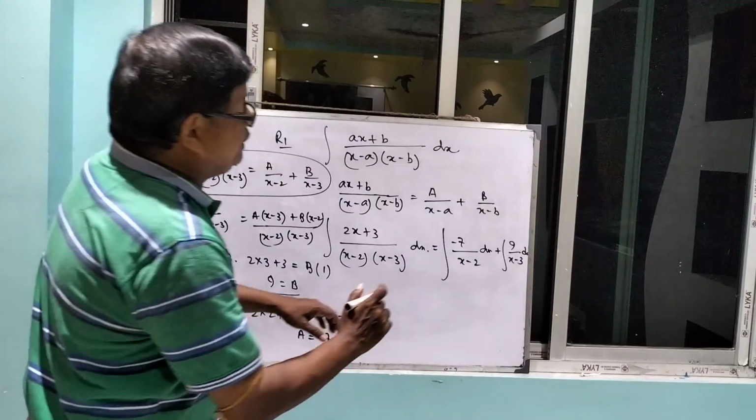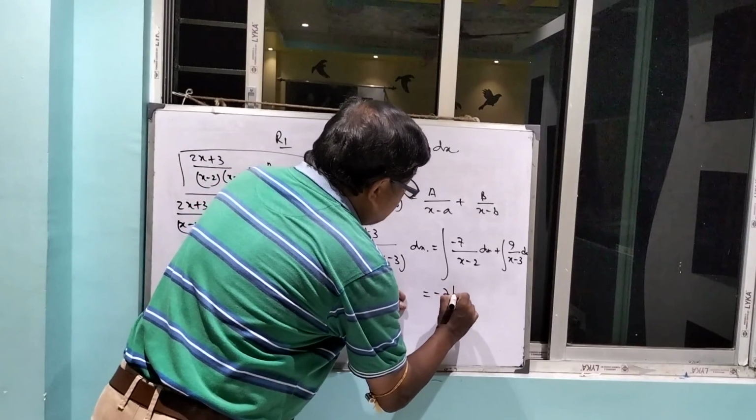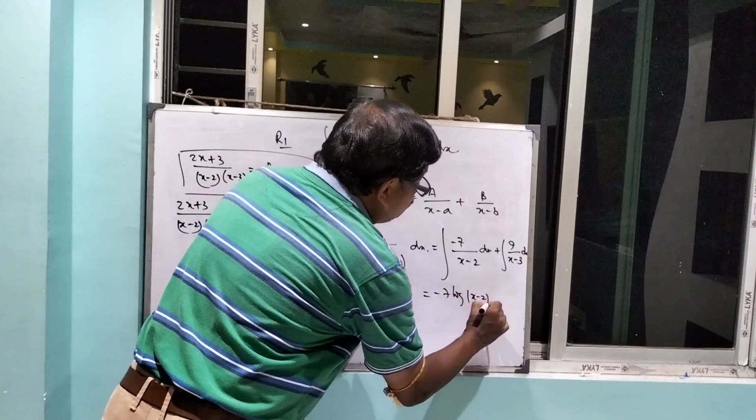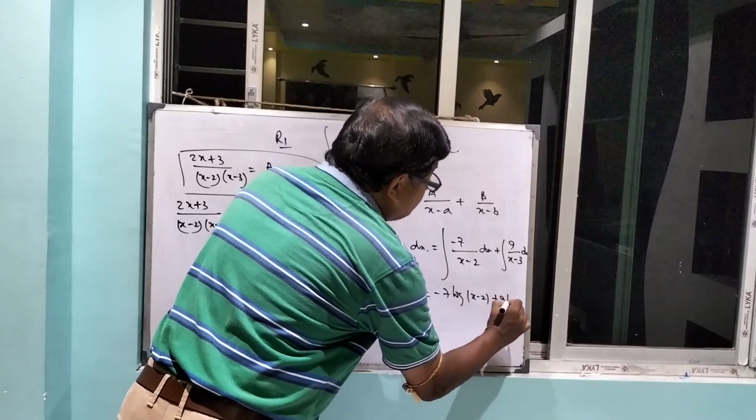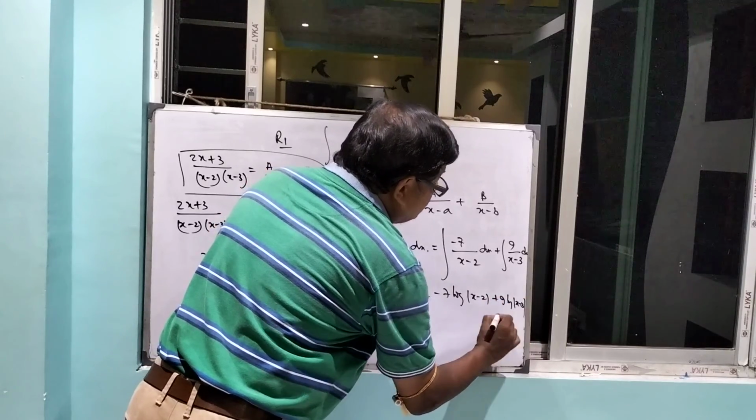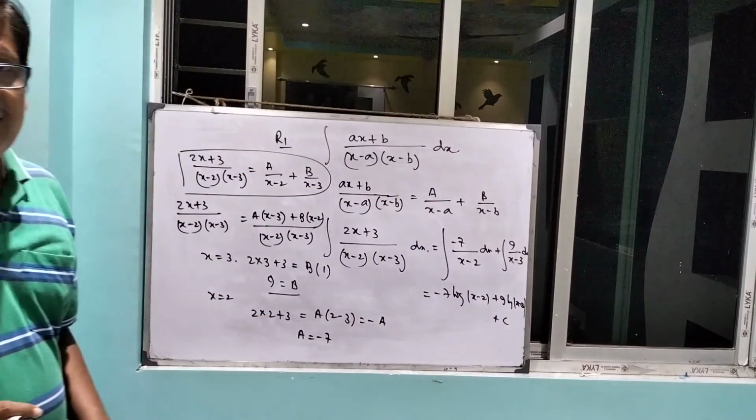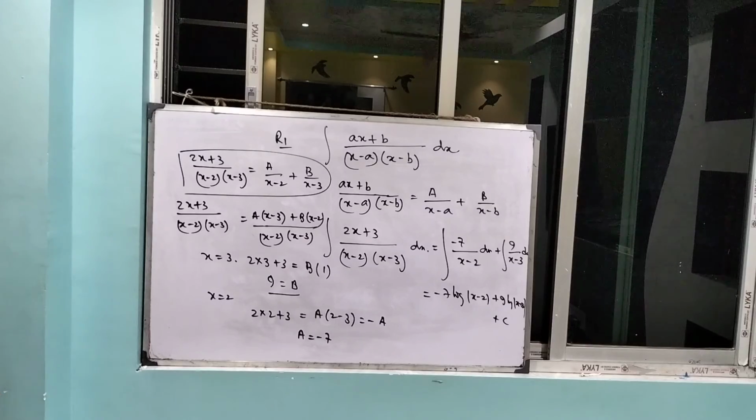So this is minus 7 ln of (x minus 2) plus 9 ln of (x minus 3) plus c. Understood? It will be like that.